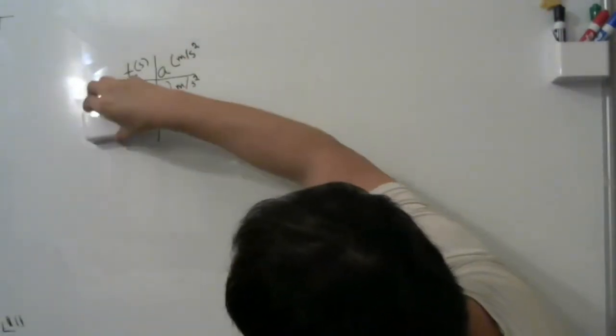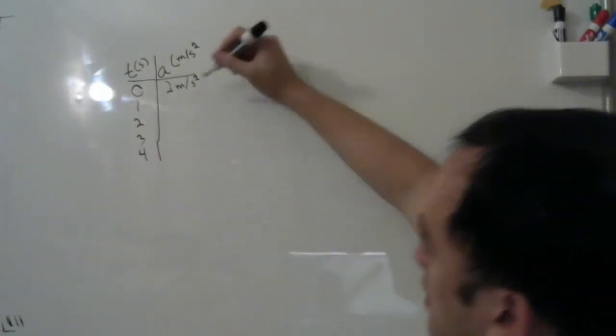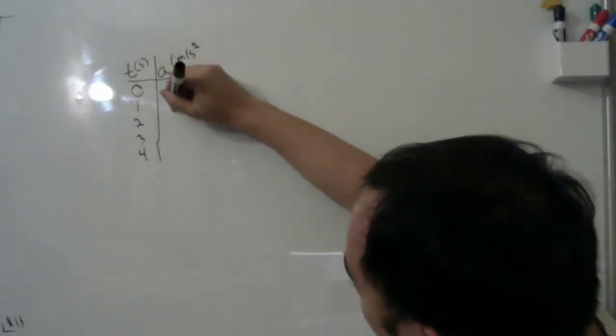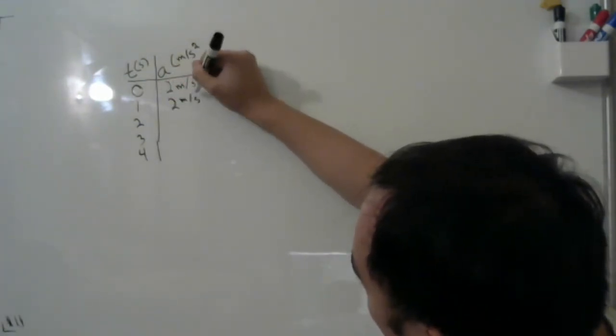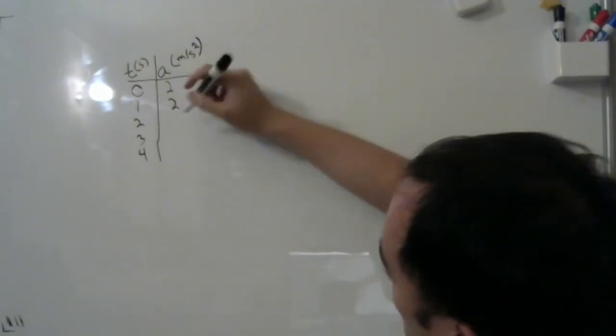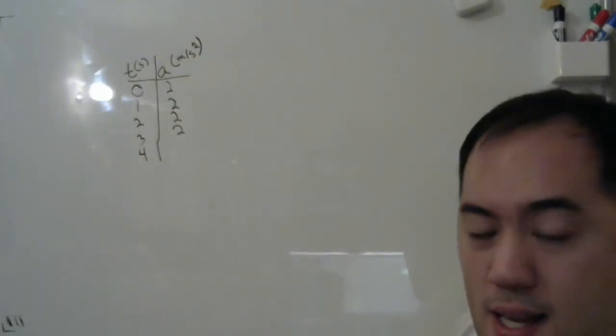I gotta be a little more clear. Okay, real simple example. They go at 2 meters per second squared for the first second, 2 seconds. Oh, I didn't need units because I already labeled the units on the top of the table. 2 meters per second squared, same. And then after 3 seconds, they stop accelerating.